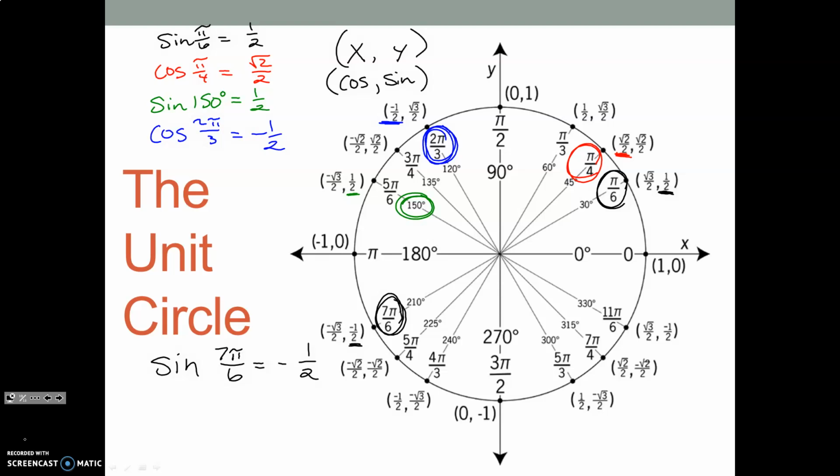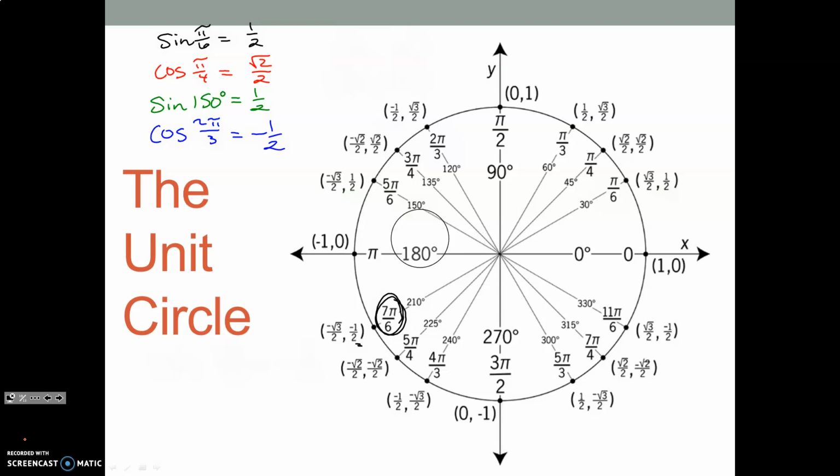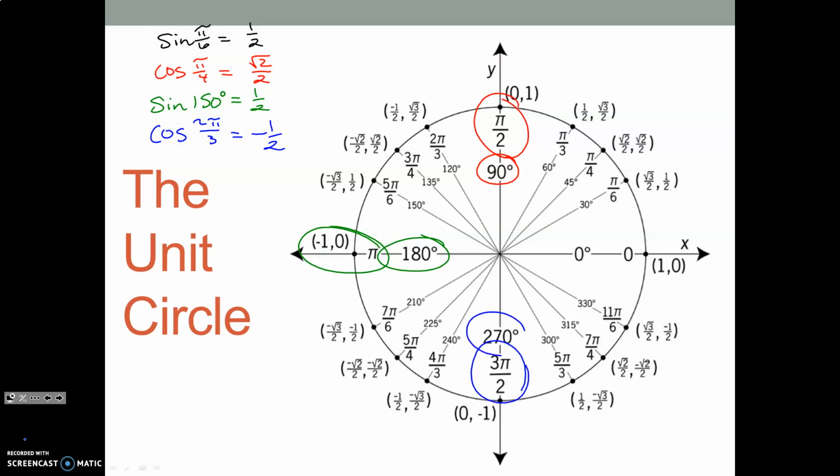Now what this unit circle is useful for is these 4 special spots, which are pi over 2 or 90 degrees, pi or 180 degrees, 3 pi over 2 or 270, as well as 0, which could also be 360.